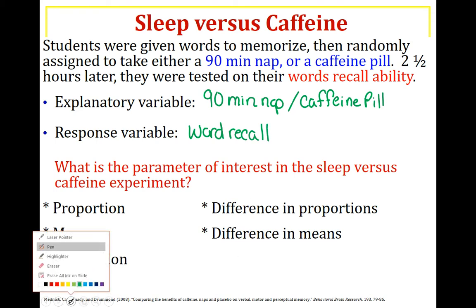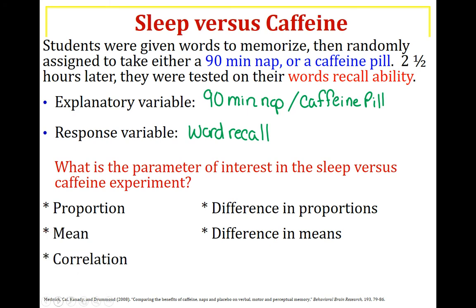Well, first of all, I noticed something right away. One, this is categorical, and this is quantitative. We have a categorical and quantitative issue. Why do I need to know that? Well, I have to go down here and pick out what to do. You can't have a proportion when you're talking about categorical and quantitative.